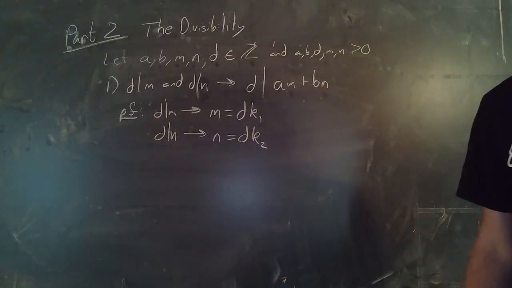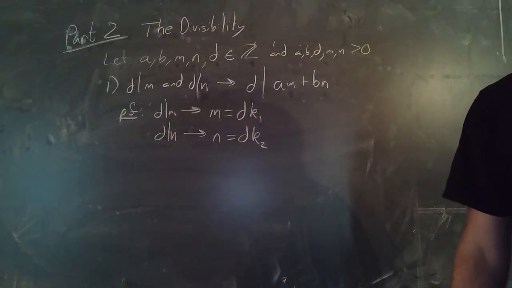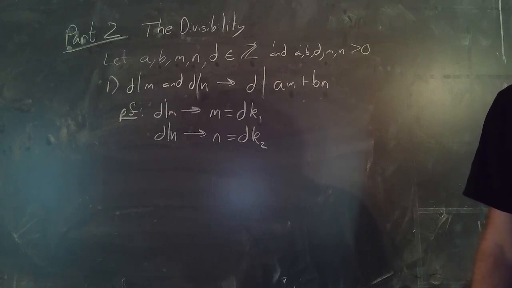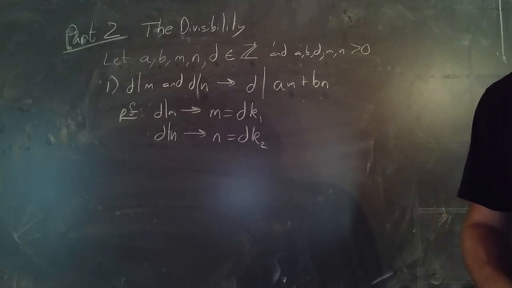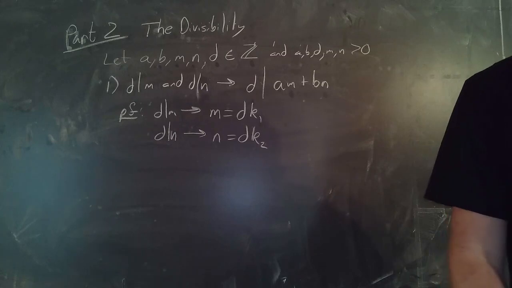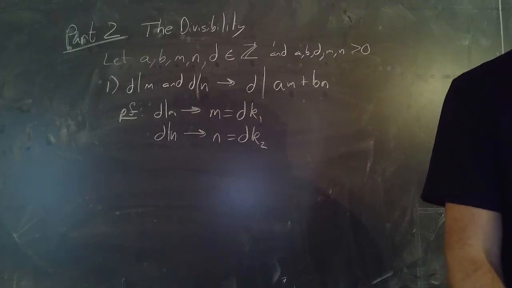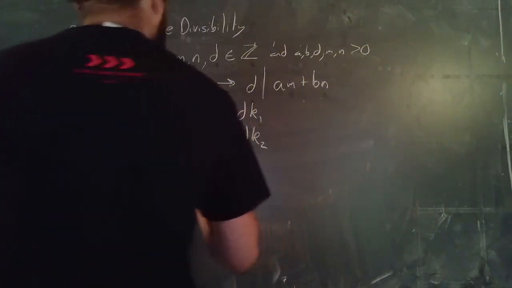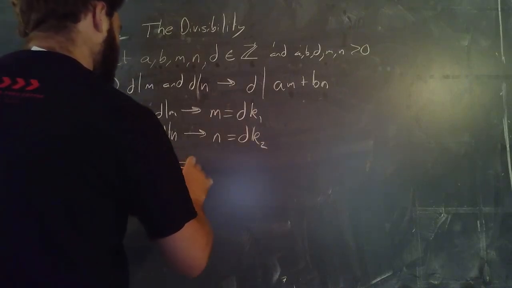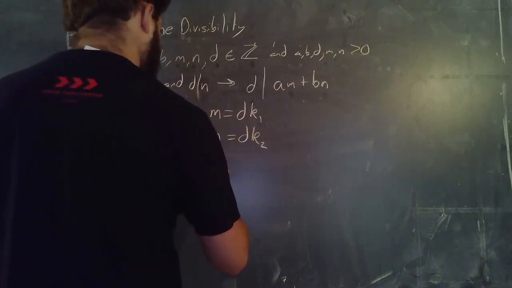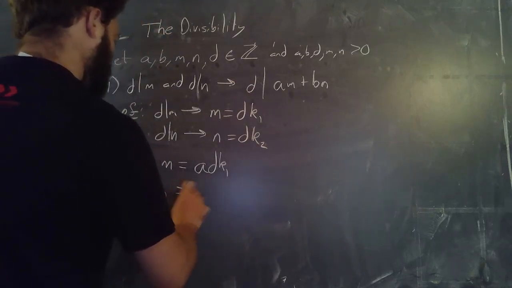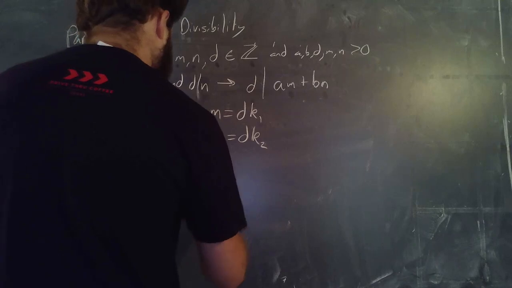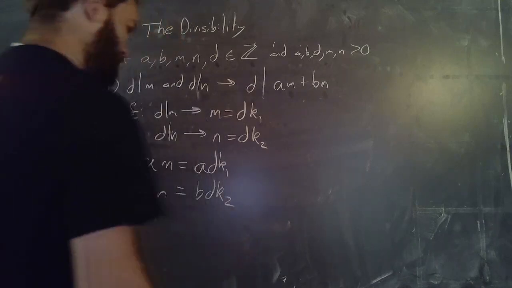Now notice here that the constants are integers, and we don't necessarily have to state whether they're positive or negative integers. However, notice that in the initial assumption we're saying that a, b, d, m, n are all positive integers, so it makes sense that k is most likely some positive integer. So am in our final statement will actually equal a times dk1, and bn will equal b times dk2.